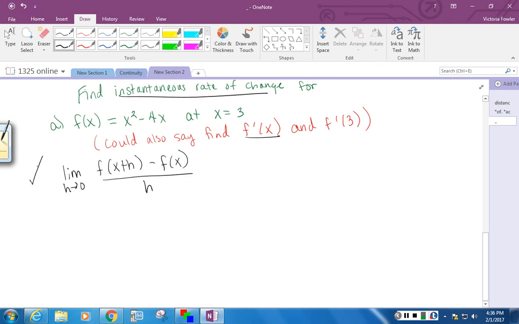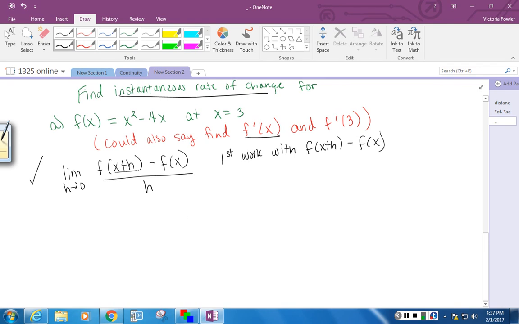We understood the definition. The next thing I want to do is split this up. Let's first work with the numerator, and then we'll come back in and use our notation of the limit, and then we'll divide by h within there. So let's first work with f of x plus h minus f of x.